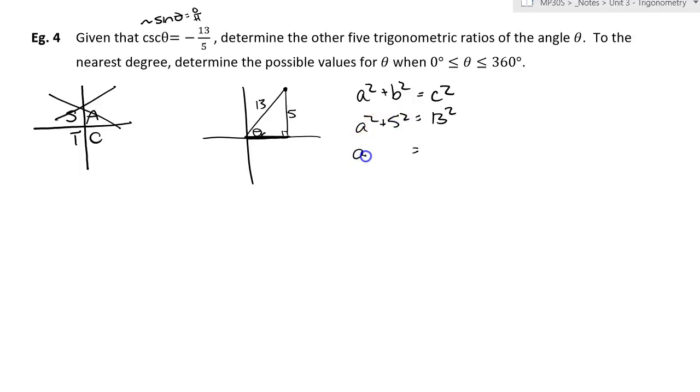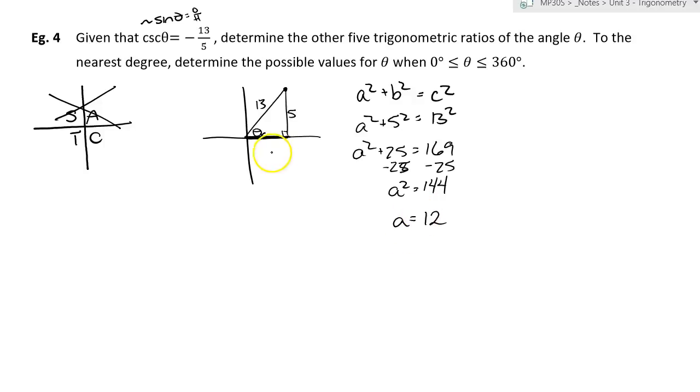So working with this, a squared plus 25 equals 169. Subtract 25. And we're left with a squared equals 144. And therefore a is going to be 12.